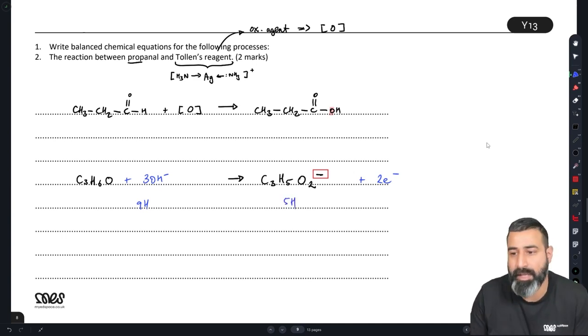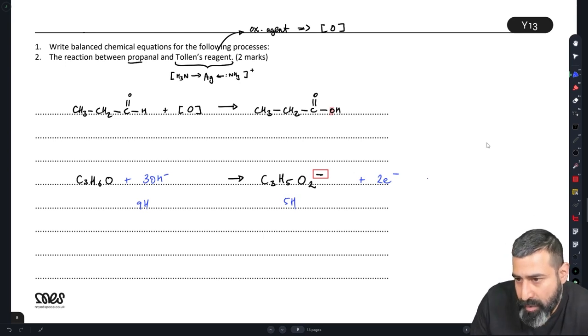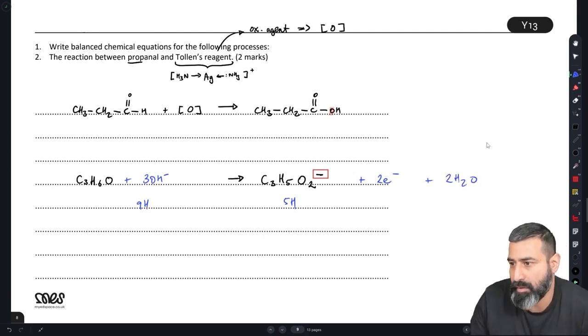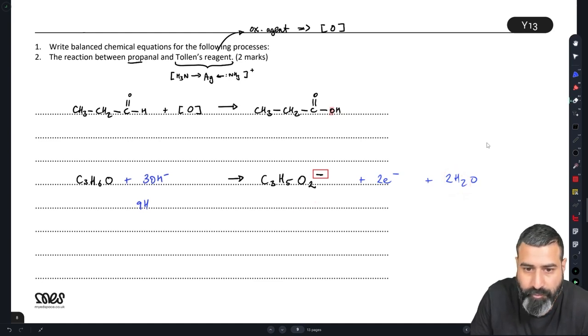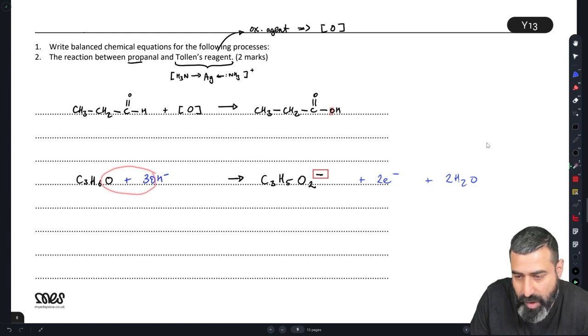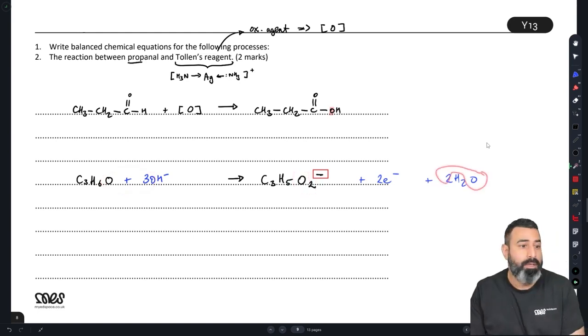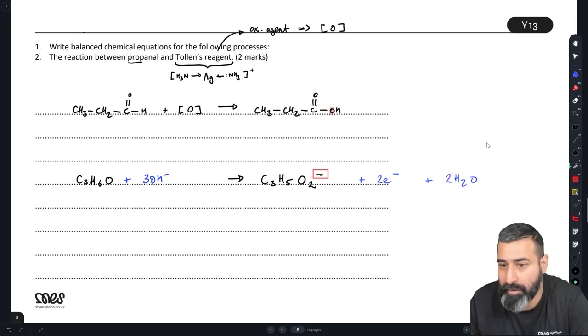This is good because then I need 2 molecules of water. Let's see if this works. 5 plus 4 takes me to 9. That looks good. 9 hydrogens, and then 3 carbons and 3 carbons, all good. I've got 4 oxygens in total, and I have 4 oxygens in total here as well. So that looks good to me.